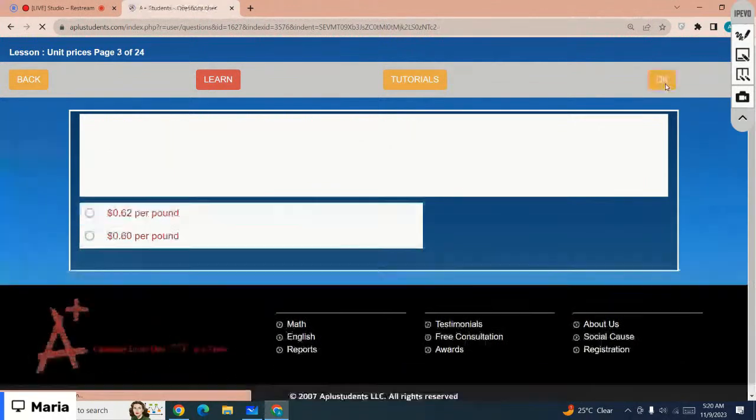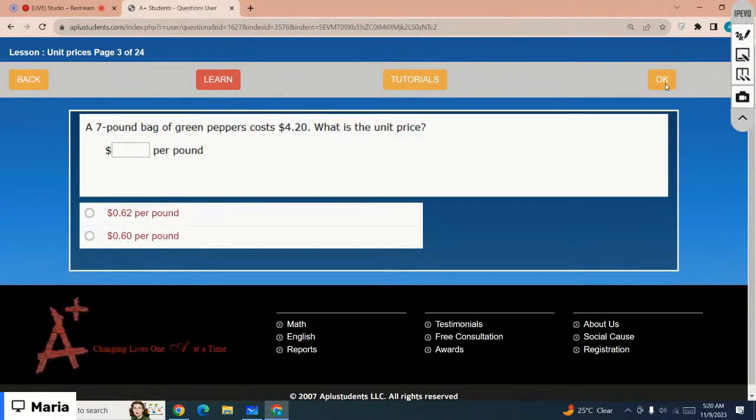Okay, the next one is a 7-pound bag of green peppers that costs $4.20. What is the unit price? So $4.20 is the cost of the 7-pound bag. So the unit price means you need to calculate the price of 1 pound. So how do you calculate the price of 1 pound?